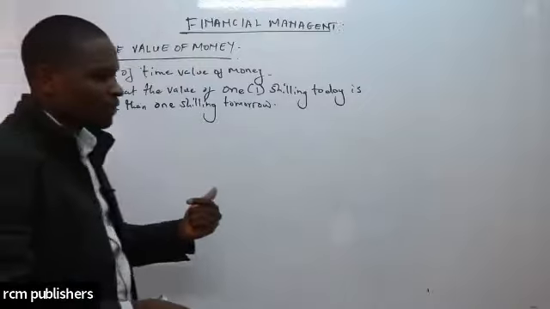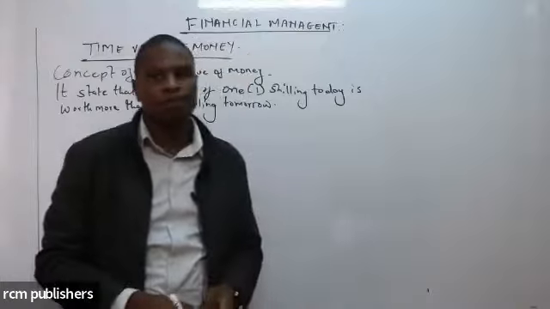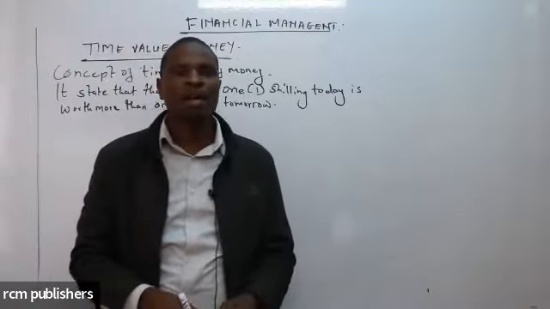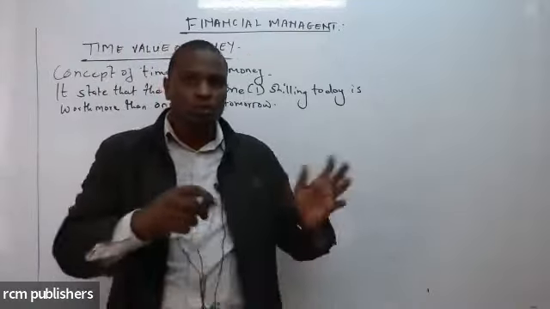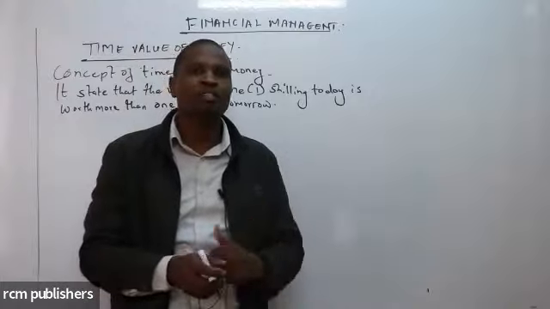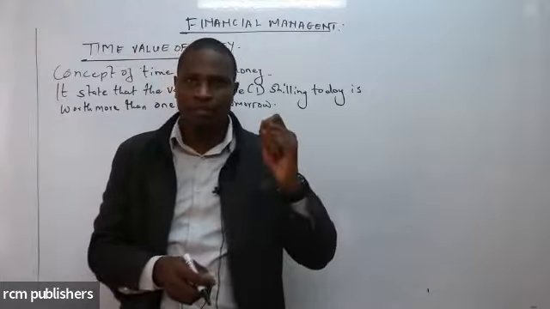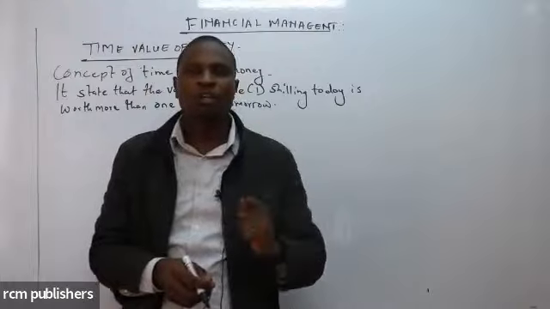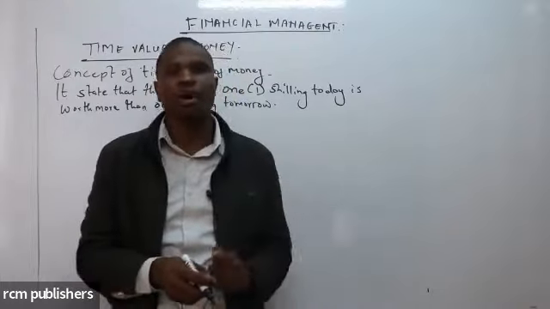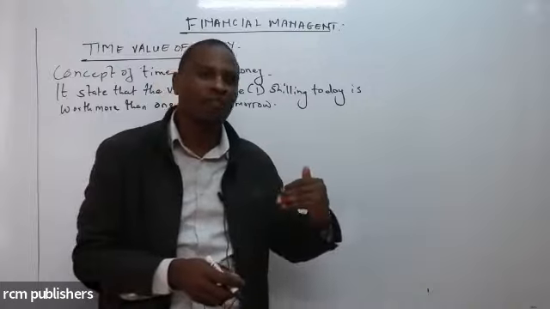It means that if I have 1,000 shillings today and I go to the supermarket, the amount of items I will purchase using 1,000 is not the same as the amount I'll get tomorrow if I use the same 1,000, because the value will have reduced.